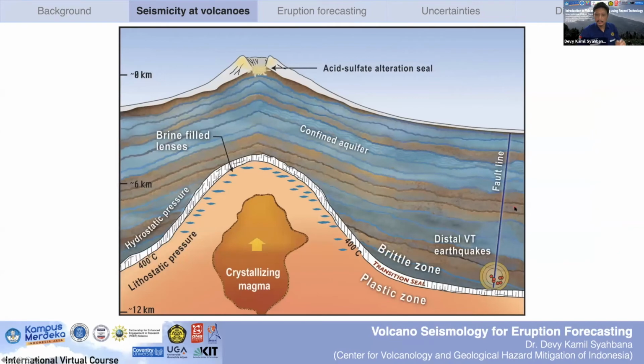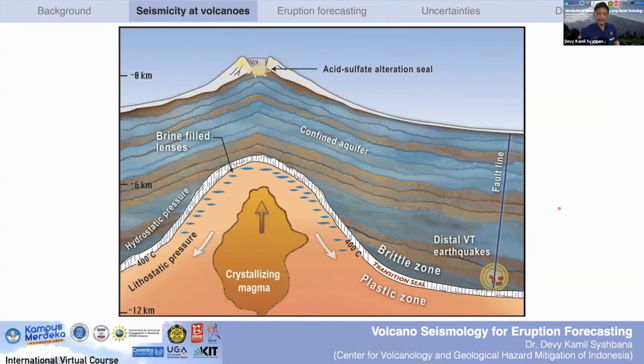So in short, I will show you the processes from before the eruption to the eruption in this image. This is the first stage. You have crystallized magma, so it's not moving at that time, and then it starts moving and going up.